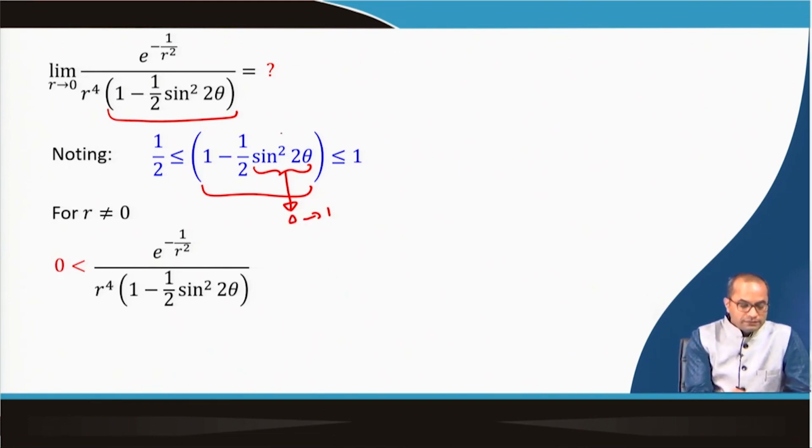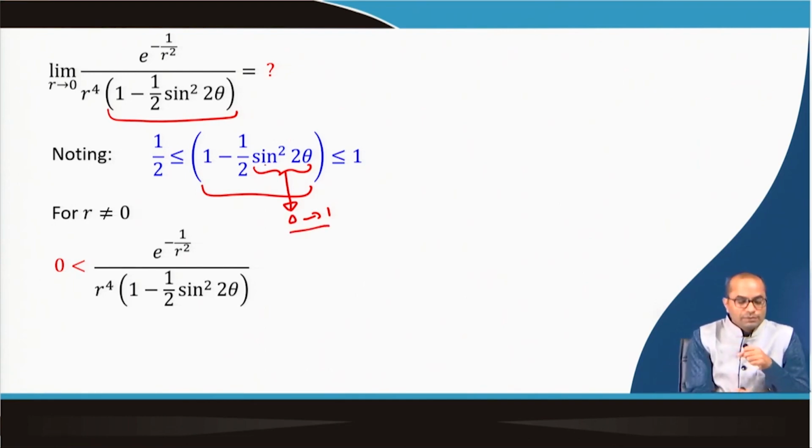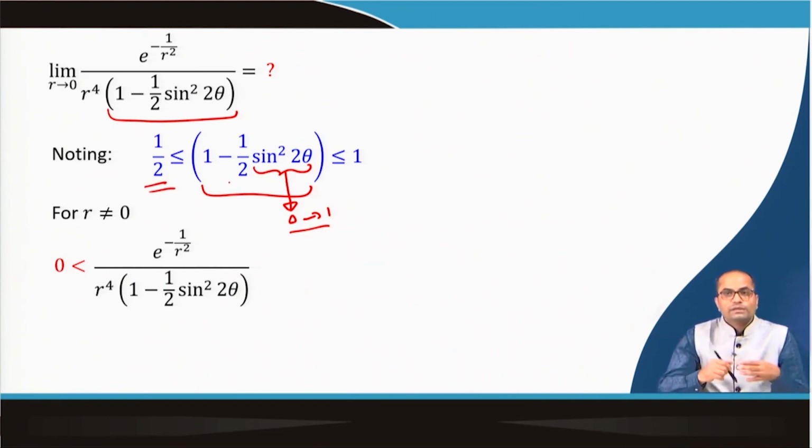And since sin² is from 0 to 1, that means 1 minus half sin² 2θ will be bounded by half. So, the value will be more than half and less than 1. So, the total value of 1 minus half sin² 2θ is bounded below by half and above by 1.